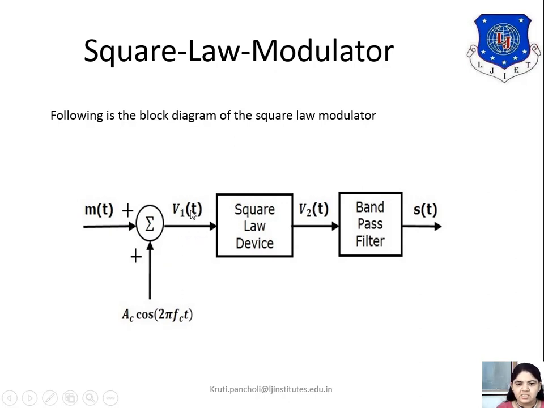This v1(t) signal is passed through the square law device, here we are considering the diode, which produces the output v2(t). Out of that, the band pass filter gives us the AM wave output and rejects all other frequencies.